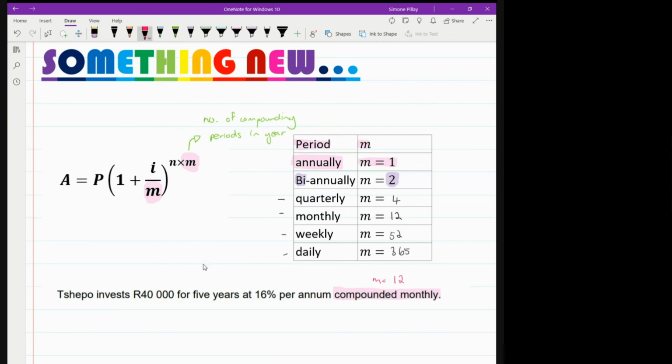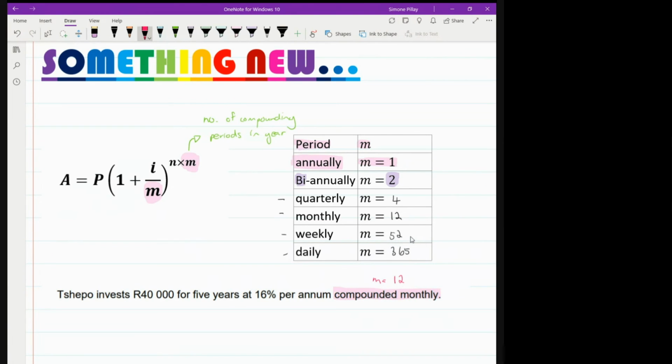I hope that makes sense, Tidimalo. It's not all weeks. Your m is going to depend on how they've told you interest is compounded. So because they've told us monthly, I'm going to use m as 12. If they've told me interest is compounded weekly, we're going to use 52.